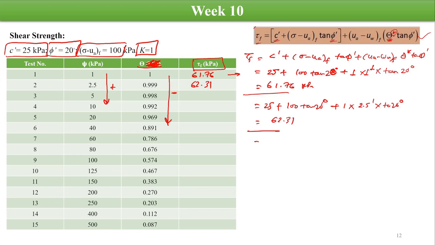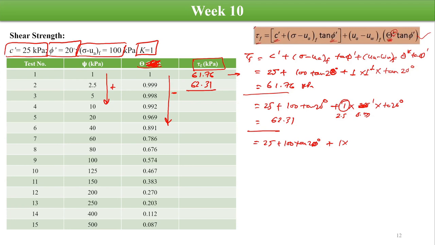For the third one, we will get 25 plus 100 times tan 20 degrees plus 1 into, okay, so here there is a problem. This is not 1, here it is 2.5, and the value of theta is 0.99, right?